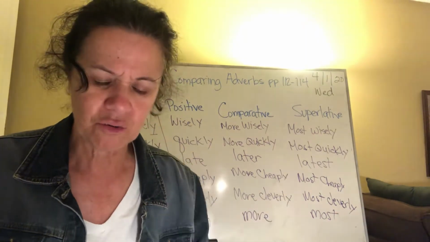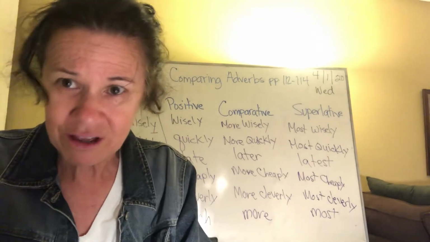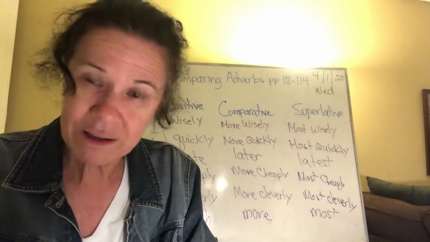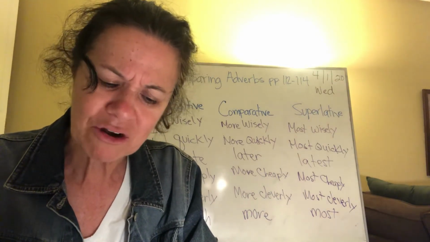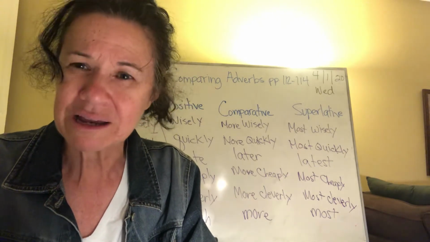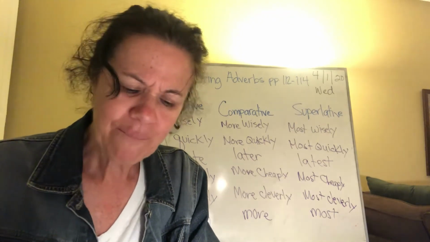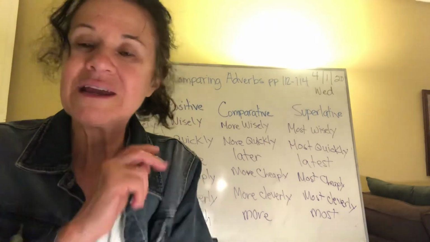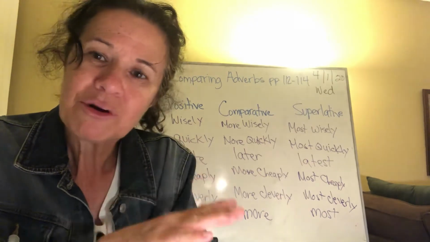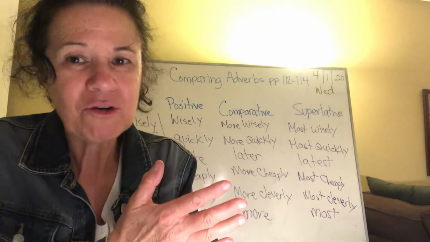Then E, underline the correct word or words in parentheses. So it gives you, do I use the positive? Do I use the comparative? Do I use the superlative? So let's look at number 1 so I can give you an example. It says that speaker talks more louder or louder than Mr. Lincoln. What sounds right to you? Louder. Good. Remember, because words that end in ER or EST, which follow that typical form, adverbs, you do not put more or most in front of them.